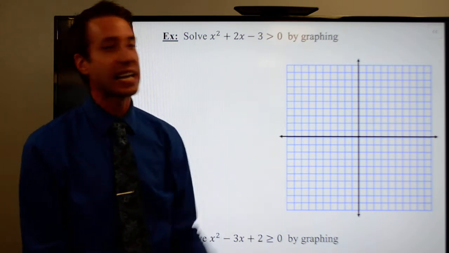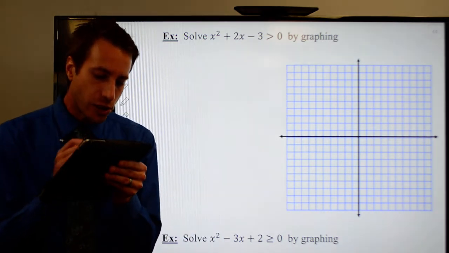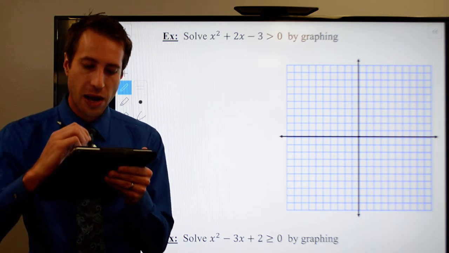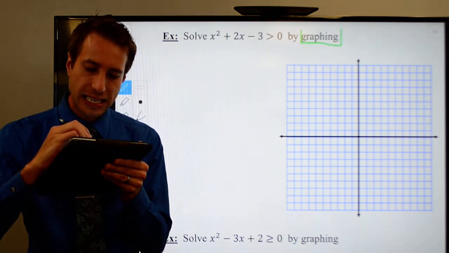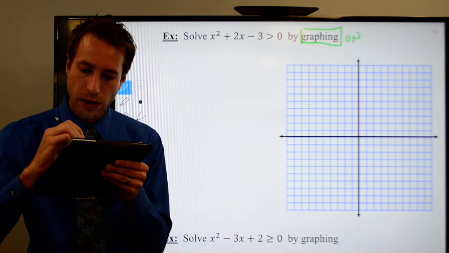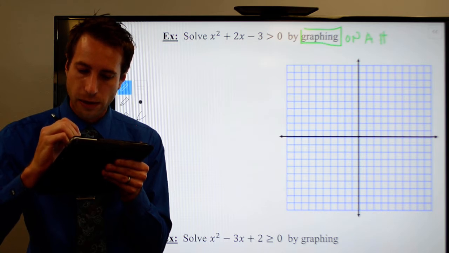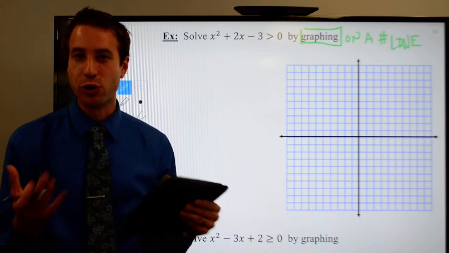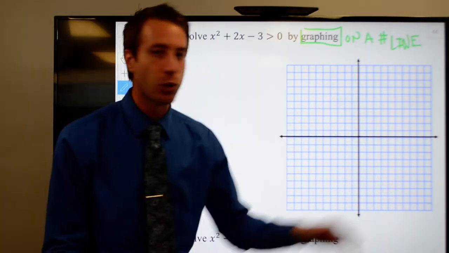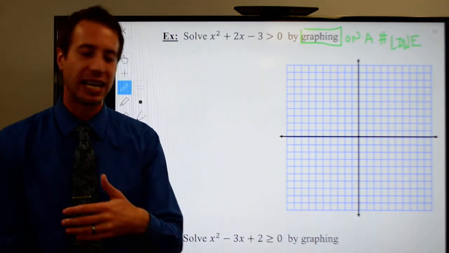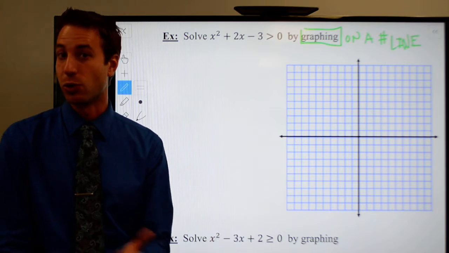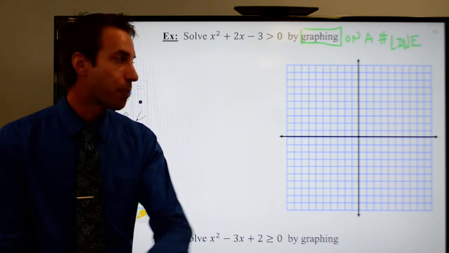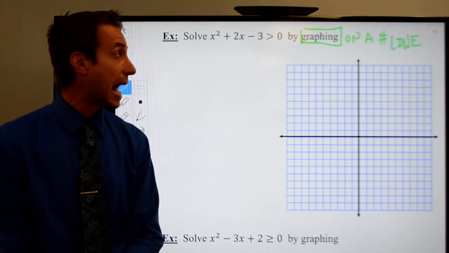So when I say graph, just know that what I actually mean is graph on a number line. I'm the one who goofed up by giving you a coordinate plane, so I apologize, but we'll work through it anyway.